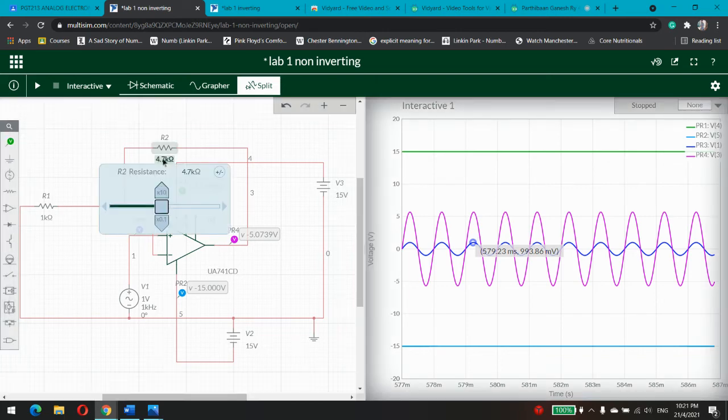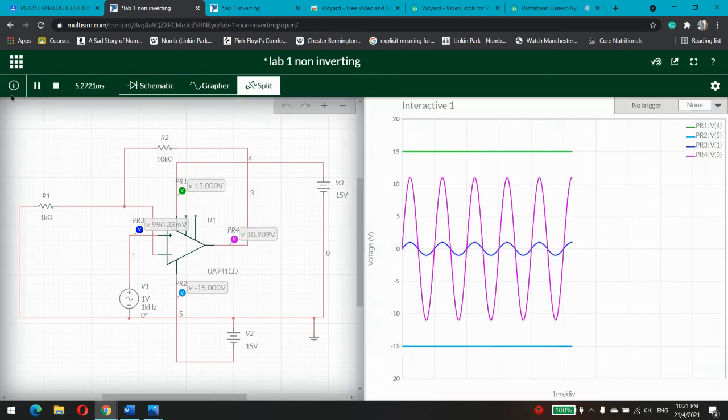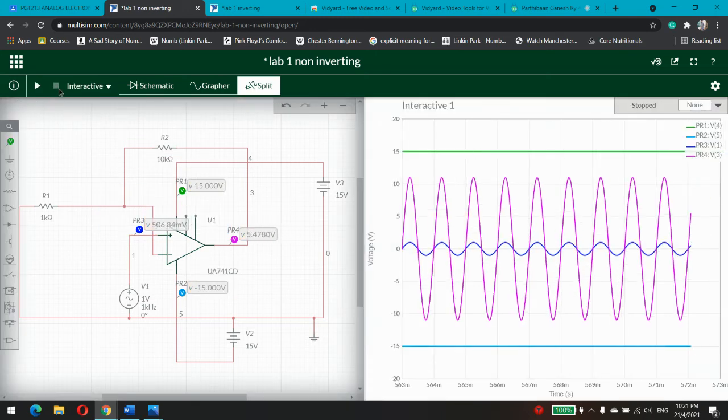Now we change it to 10k. For 10k, now we run it. Same, this is the value for AV, it's V out.